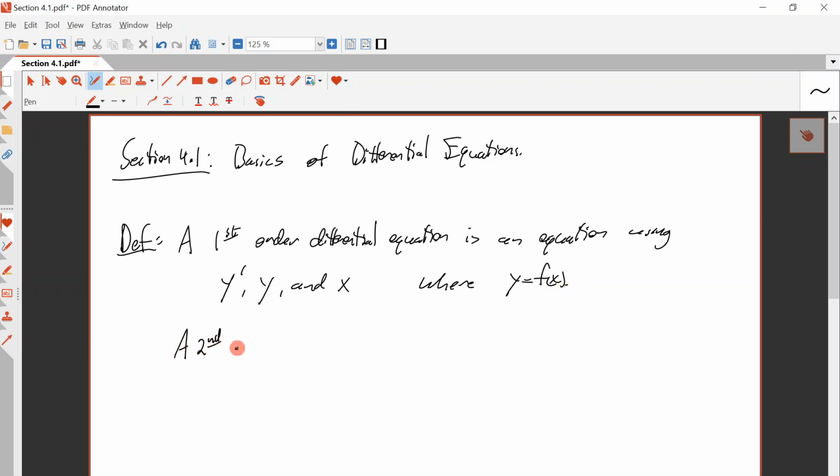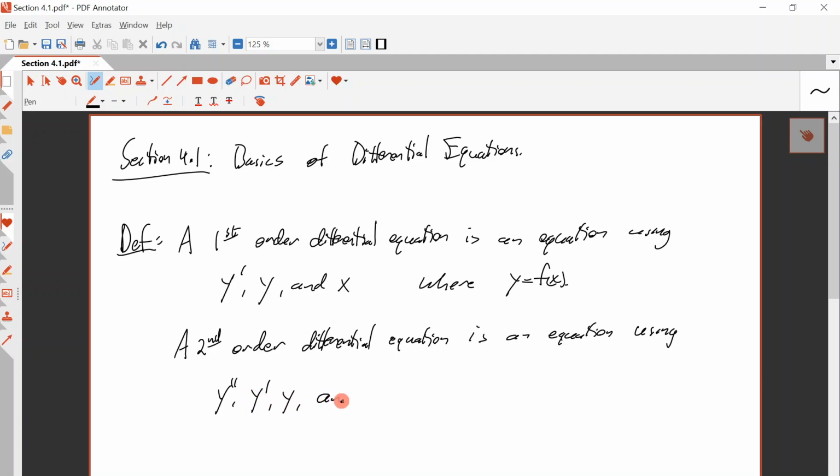A second order differential equation is an equation using y prime, y double prime, y, and x, again, where y equals f of x.